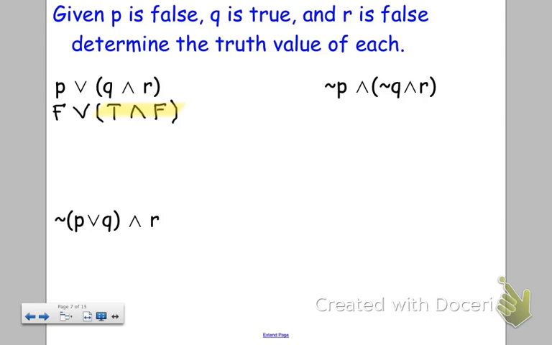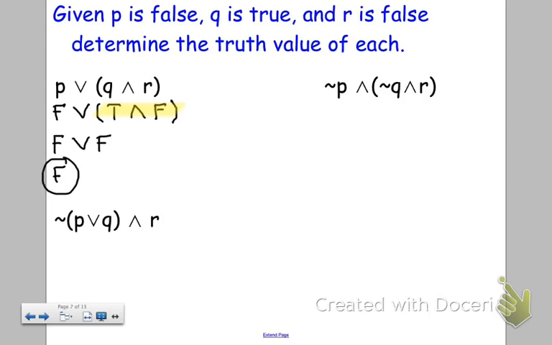So at this point, I have the false that I had copied over from P, I have my or to copy over, and my true and false was false. This leaves me with false or false. Remember with or, I have to have false, false is false. So false or false is false. So this statement simplifies all the way down in order to be a false statement.